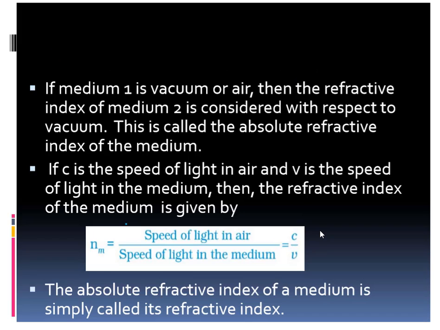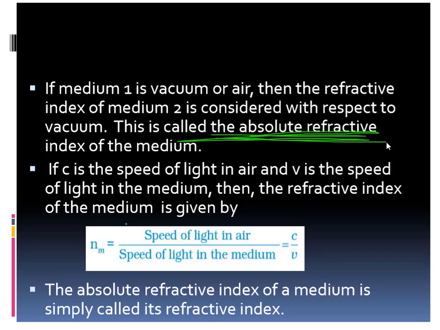Now there are some special cases. If medium 1 is vacuum or air, then the refractive index of medium 2 is considered with respect to vacuum. This is called the absolute refractive index of the medium. This is a very important short question: what is absolute refractive index? Many a time this question has been asked in the board exam.